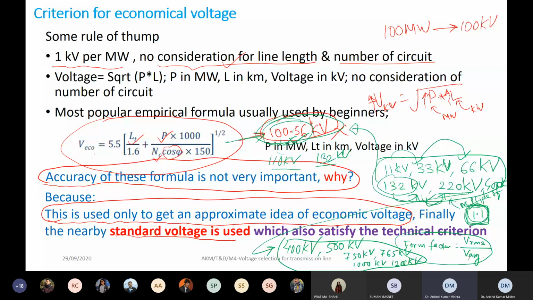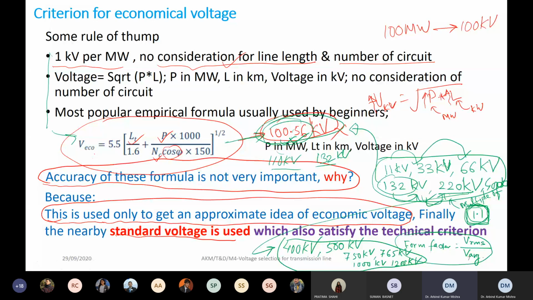So now do you think that these expressions need to have a microscopic accuracy? No. Even if it is rough, no problem. If you have some leisure time, I will give you a set of power and distance to be transmitted, and you can choose these, and you will see that all of these come to a very narrow range of difference.